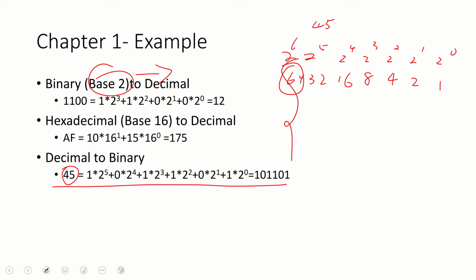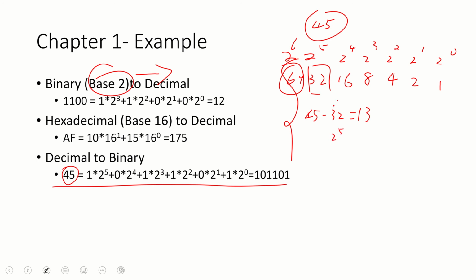Obviously 64 is larger than this one, so the closest one is 32, right? So 45 minus 32, you get how much? 13.